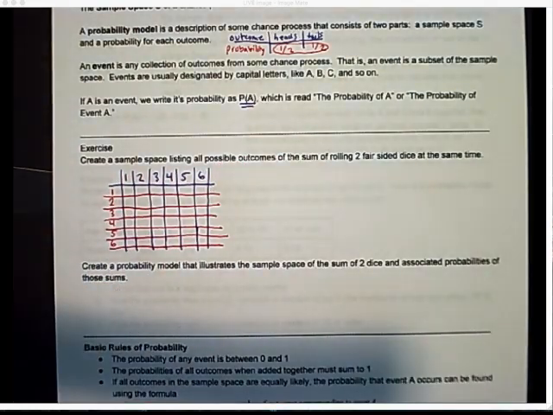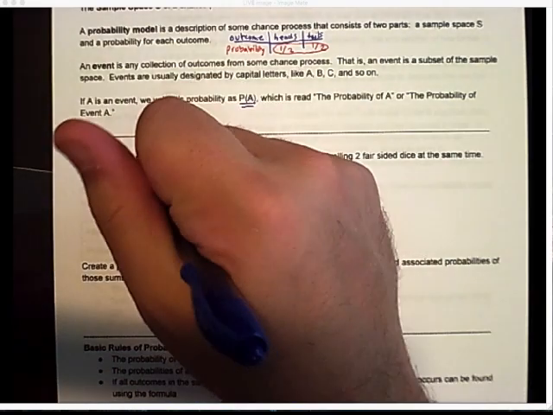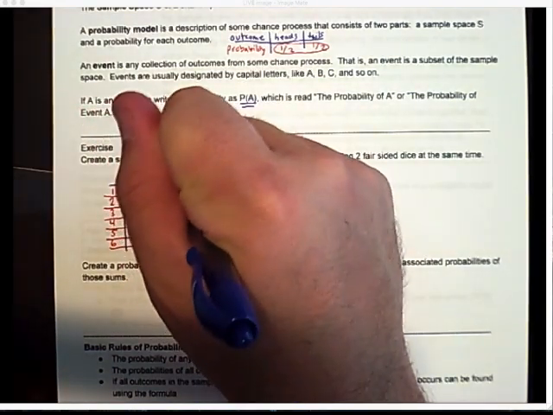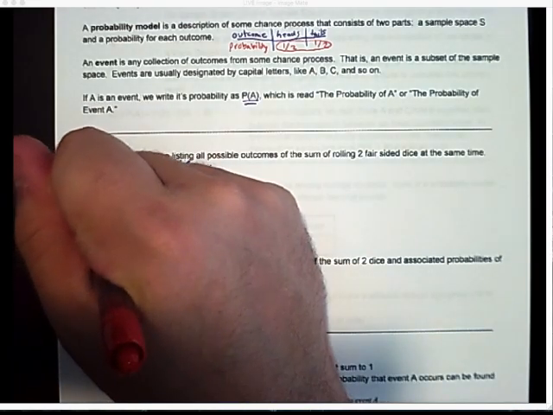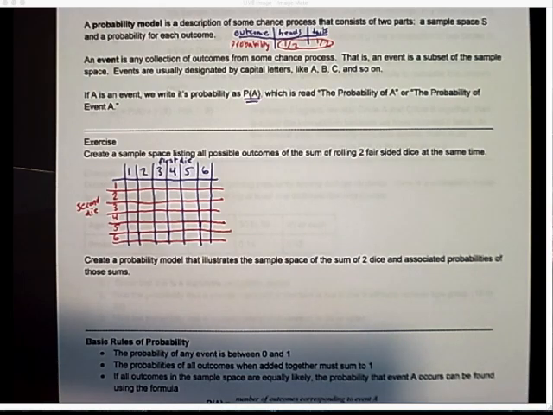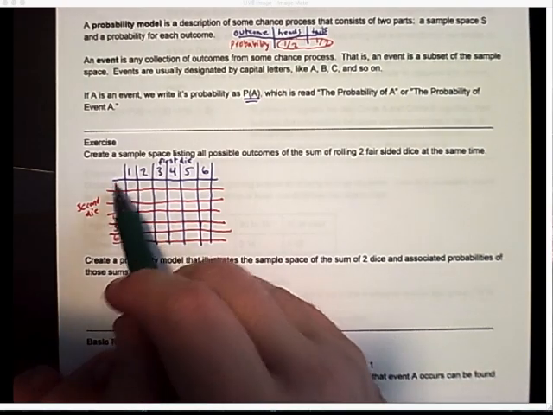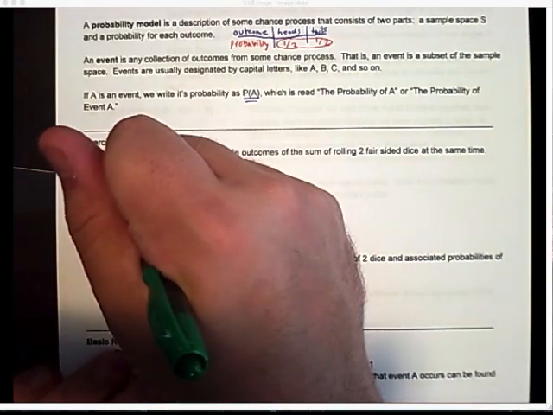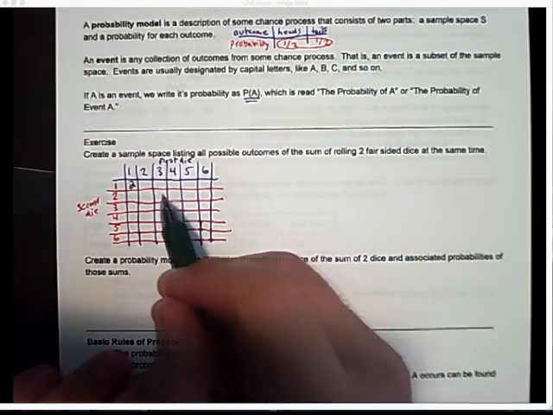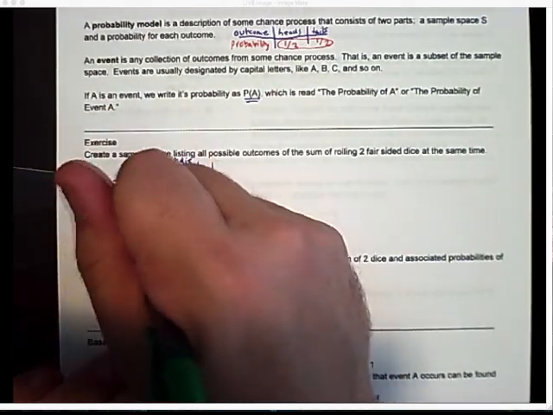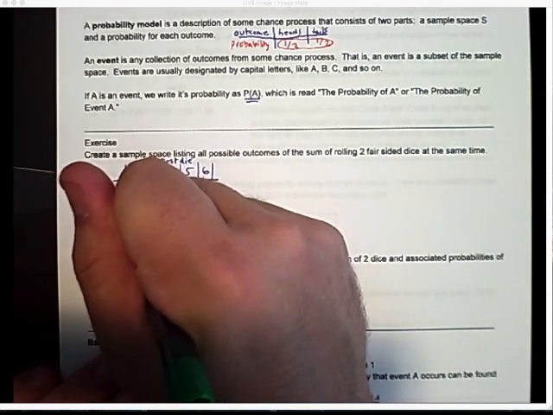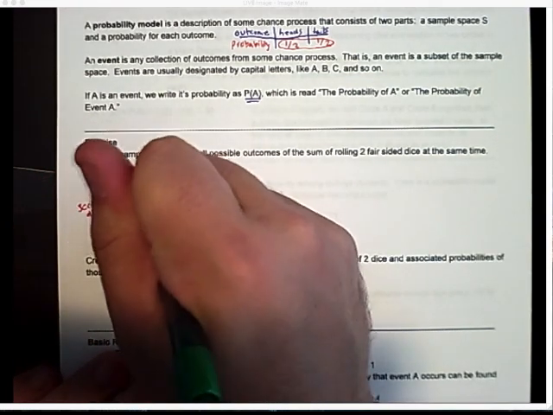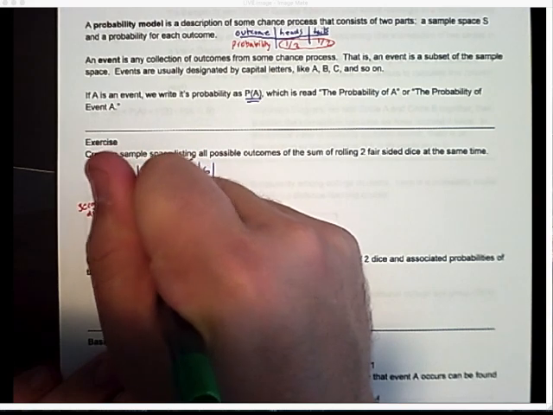So in this chart, here's the first die, and die is the singular of dice, and this is the second die. All right, and in the middle, I'm going to put the sum. So if I get 1 on each die, the sum would be 2. All right, if I get a 1 and then a 2, the sum would be 3. So if I add these, I'm going to get a chart that looks like this.